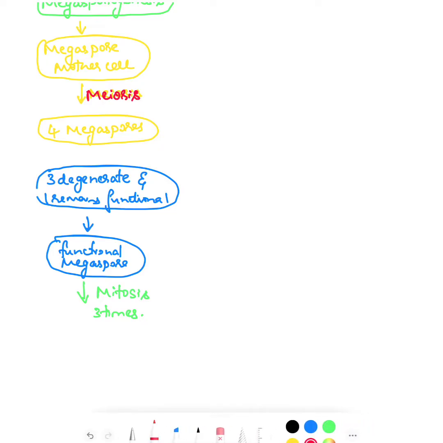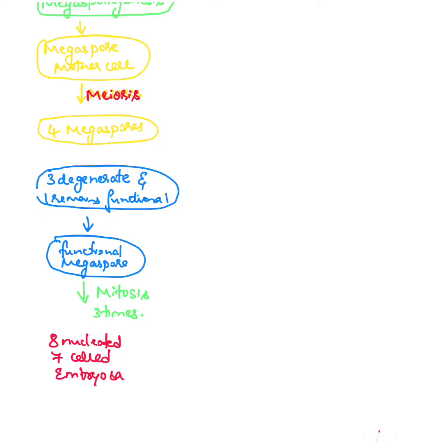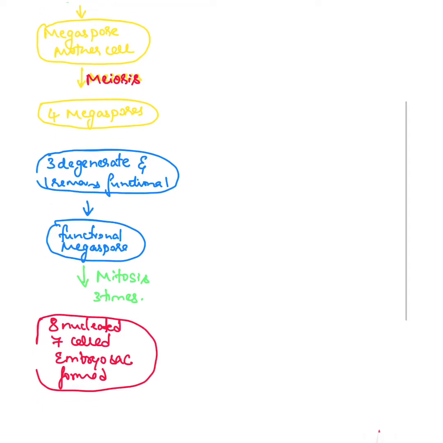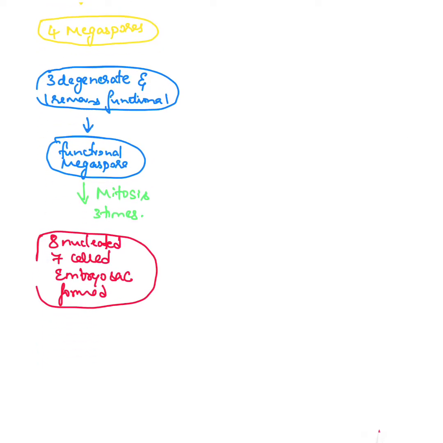This is highly important. It will produce an 8 nucleated, 7 celled embryo sac. Embryo sac is formed from the functional megaspore.